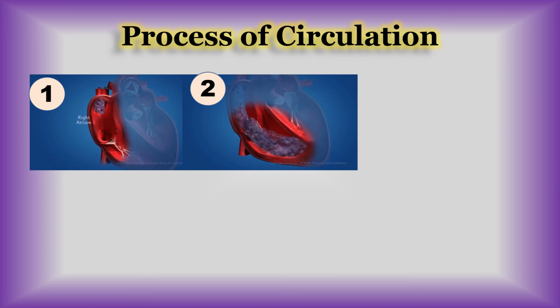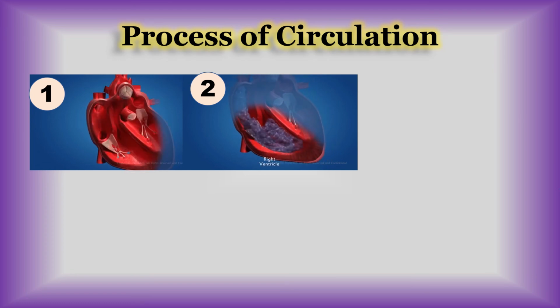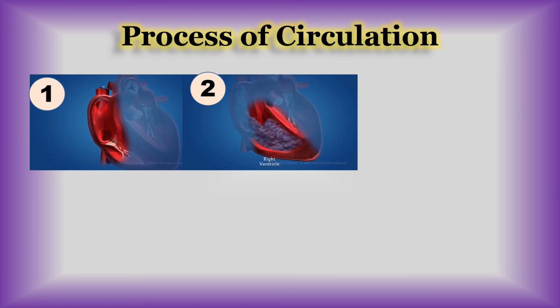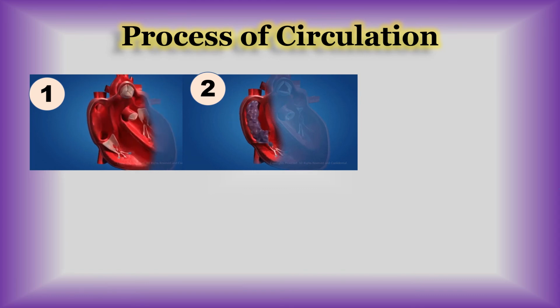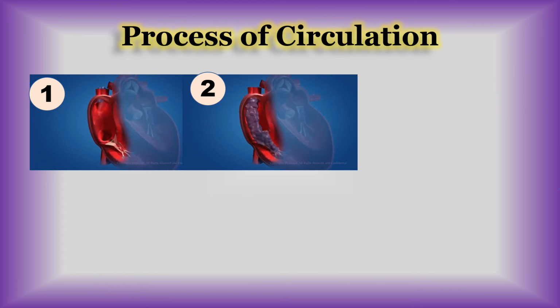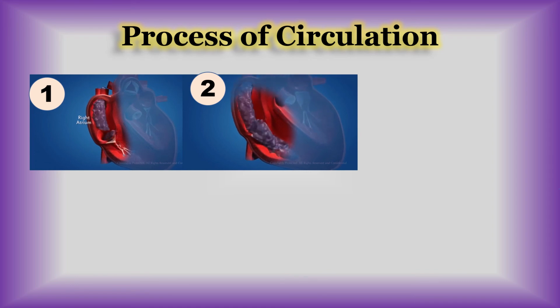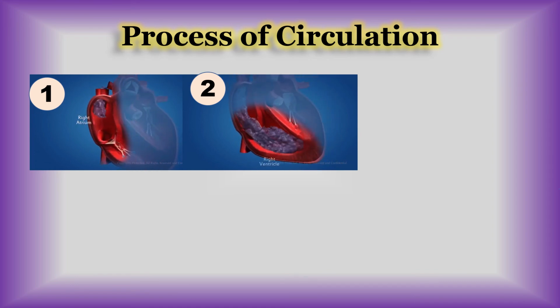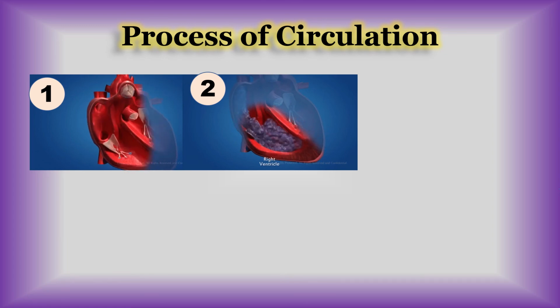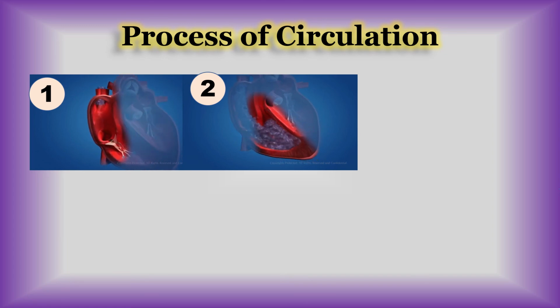You can see here in the second picture, from the right atrium, the right upper chamber, the deoxygenated blood is passed to the right ventricle, the lower right chamber, and from there the deoxygenated blood is passed to the lungs.